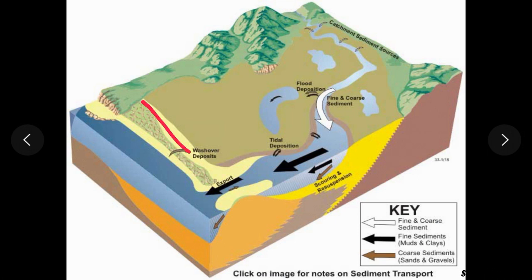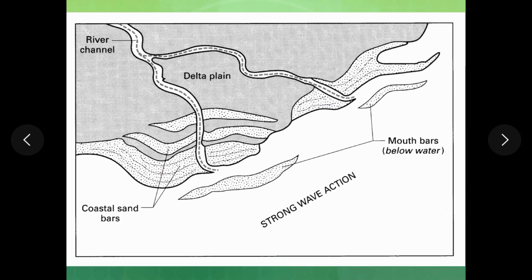Same thing you can see here, a barrier bar formed due to the action of waves. As I told you previously, this is parallel to the coastline, so it becomes a part of the strike system also. Same thing again, the barrier bar or mouth bar here, and the coastal sand deposited parallel to the coast in the form of a barrier bar.